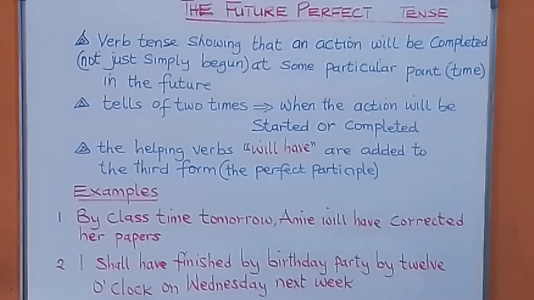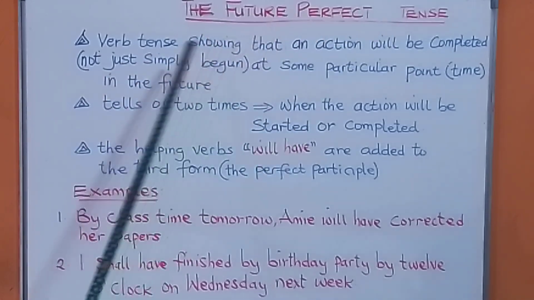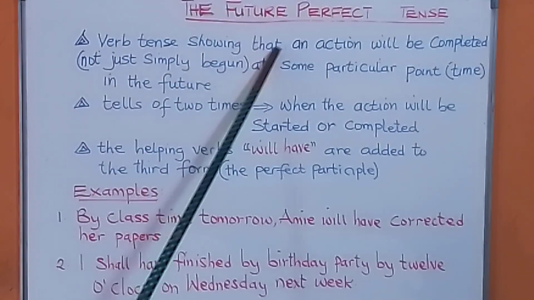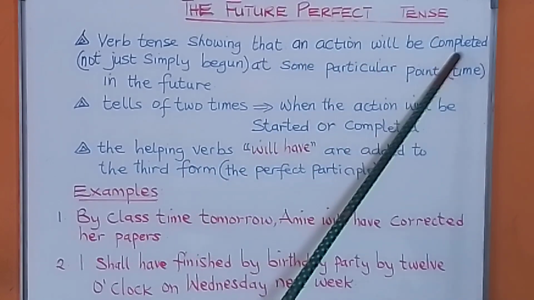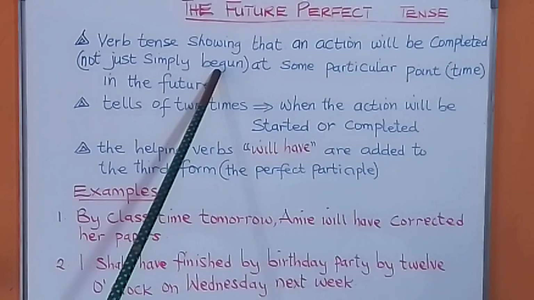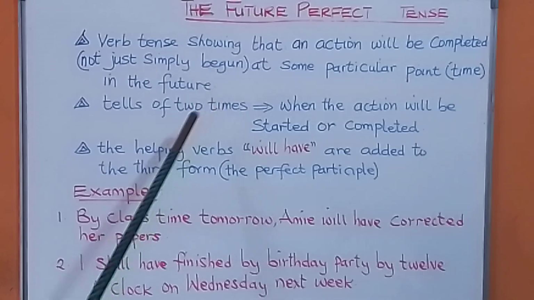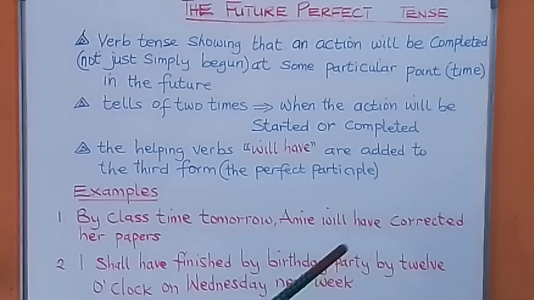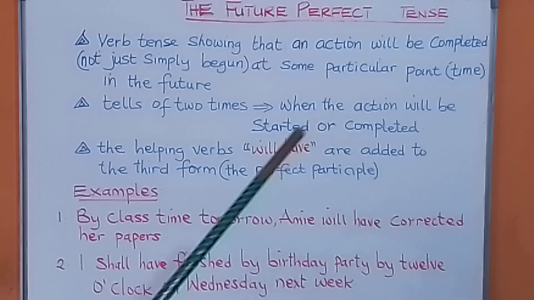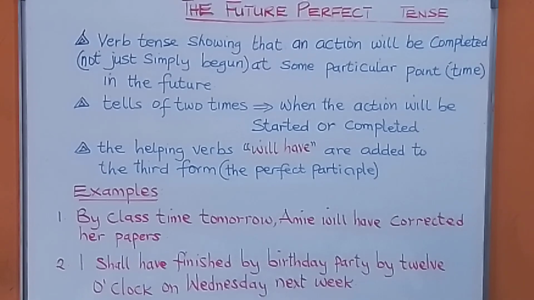We say future perfect tense is a verb tense showing that an action will be completed, not just begun. It also shows you when that action will be completed. In other words, it's showing you when an action will begin in the future and when that action may likely end. Two times there.